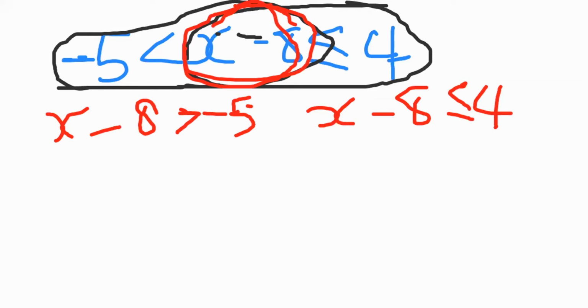So what I did was to just split up the inequalities into two parts and solve. So I'm taking over the -8 to the side of the -5. So I get x greater than -5 plus 8.